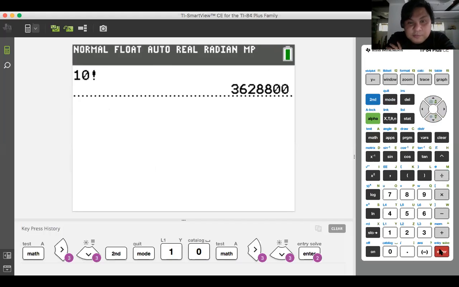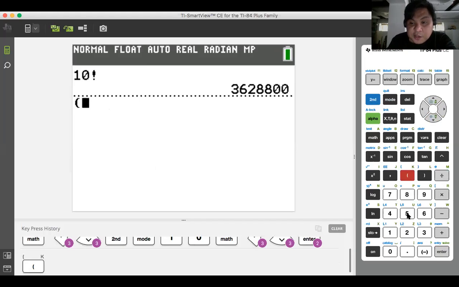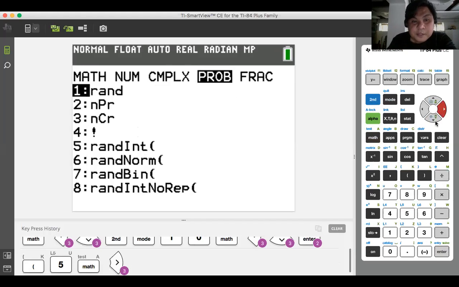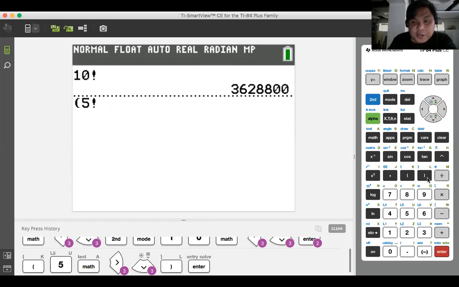There you go, 3,628,800. Okay, so what about 5 factorial squared? That is parenthesis, 5, math, go to prob, go to number 4, which is the exclamation mark, the symbol for factorial, close it, and then square.